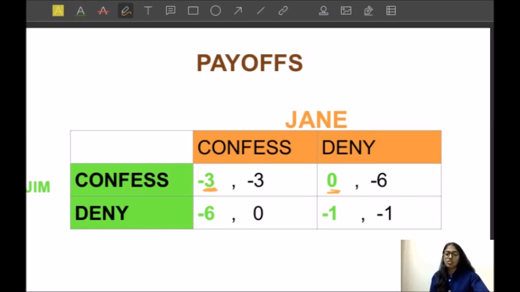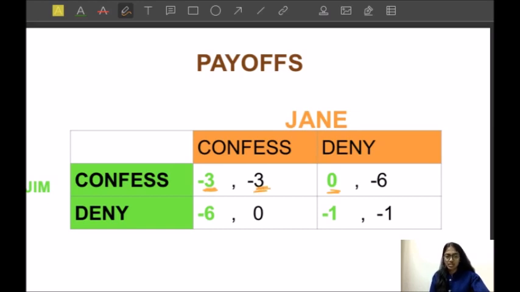Now let's put ourselves into the place of Jane and see what she will do. A similar strategy Jane applies: if Jim will confess, then what should I do? She has two options, either to confess or deny. If she confesses, she gets 3 years of jail, and if she denies, she gets 6 years of jail. So she will confess.